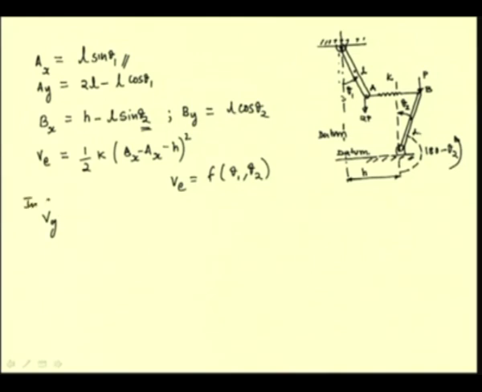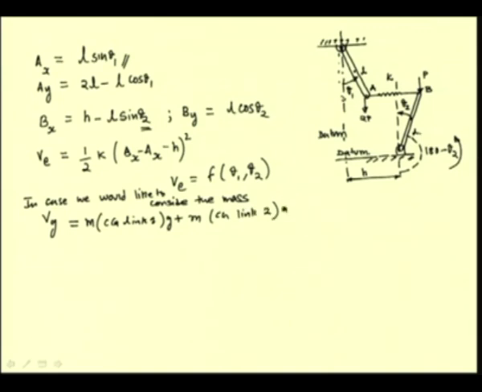So, in case we would like to consider the mass, then we can write this Vg as the mass of this link times this position, the Cg of link 1, times gravity, plus the mass of link 2 times the Cg of link 2 times g.